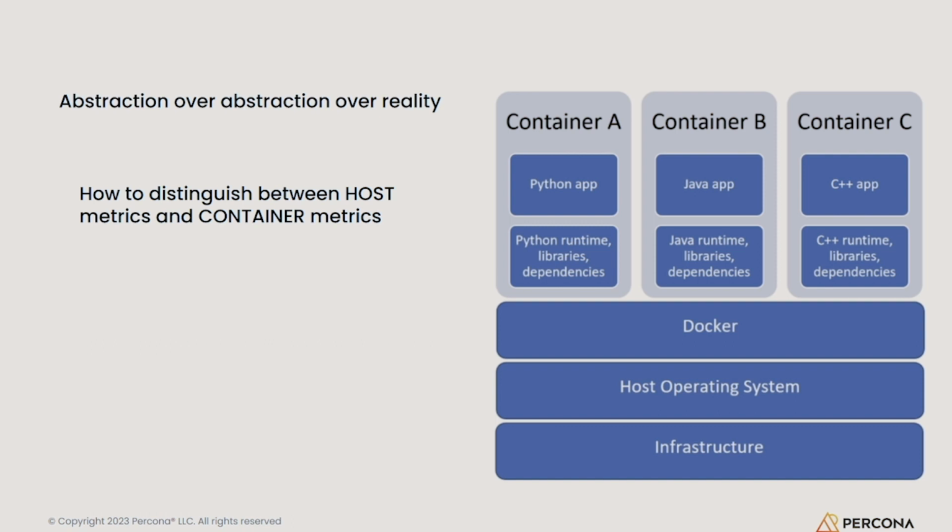We put Docker, but it could be any container runner, CRI-O or Podman or whatever. The host might be a VM, and then the infrastructure. The challenge is how to distinguish metrics related to the host as a whole from what is actually the container usage.